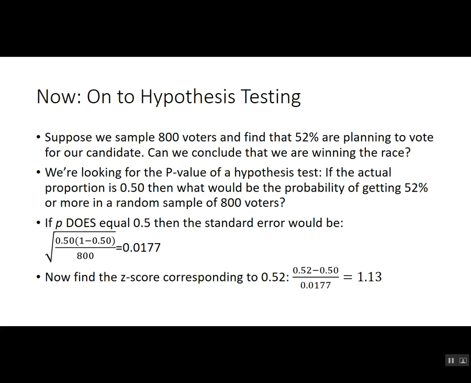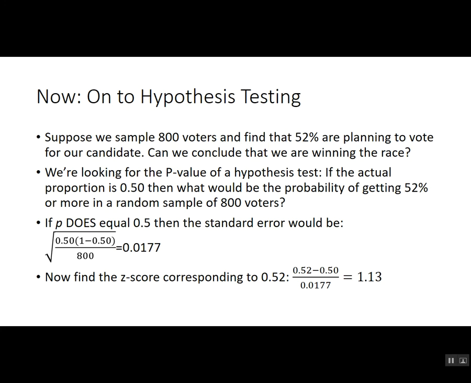That's the p-value. It tells us how surprising the data we observed would be if the null hypothesis is correct. And in this case, the null is that the proportion is 0.5. If p does equal 0.5, then the standard error would be the square root of 0.5(1 minus 0.5)/800, which is 0.0177.